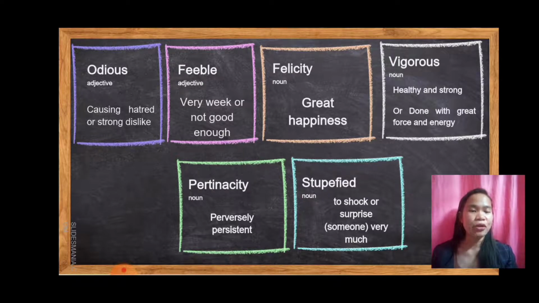Felicity, great happiness. Vigorous, healthy and strong, or done with great force or energy. Second to the last is pertinacity, perversely persistent. And lastly, stupefied, to shock or surprise someone very much.